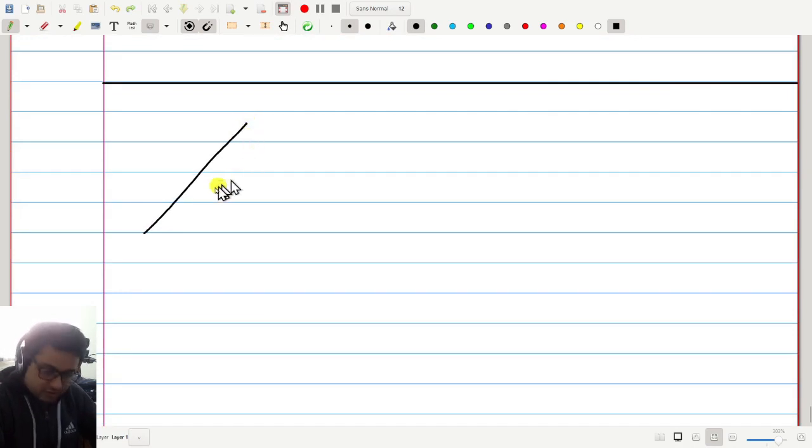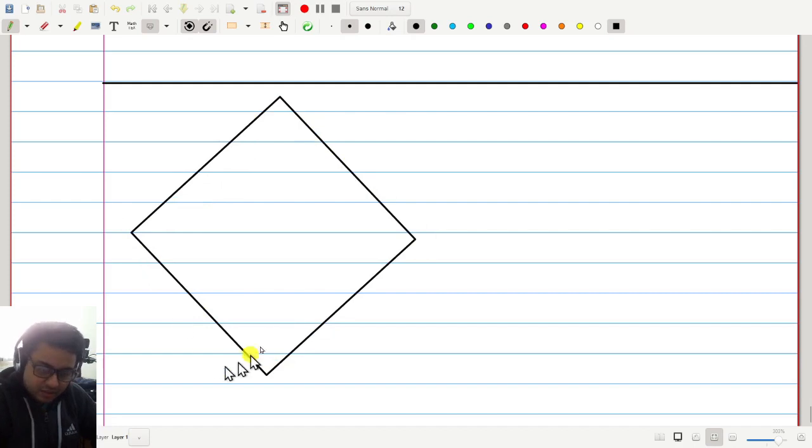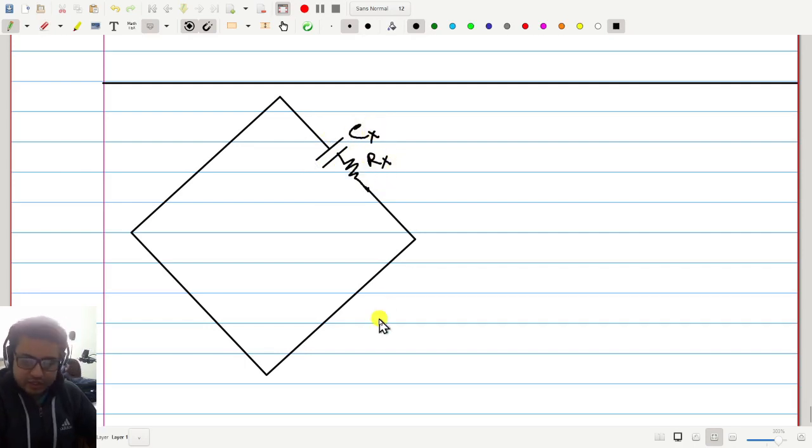Suppose we are going to measure an unknown capacitor, and suppose we model it in series combination Cx Rx. Okay. Now suppose we want to make a product bridge. So that's the target.